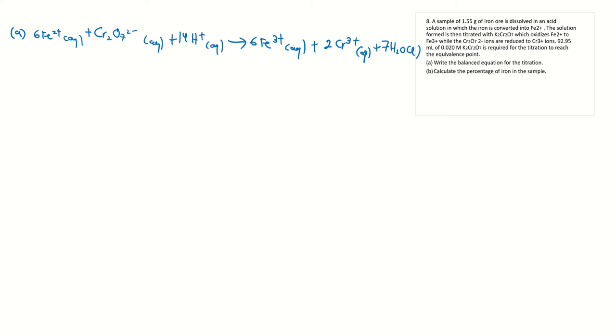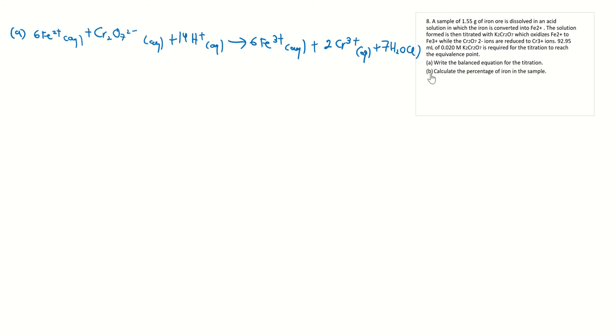This is the final answer for the balanced overall equation. Please make sure you put in the states: all the ions are in aqueous state, while the water is liquid state.